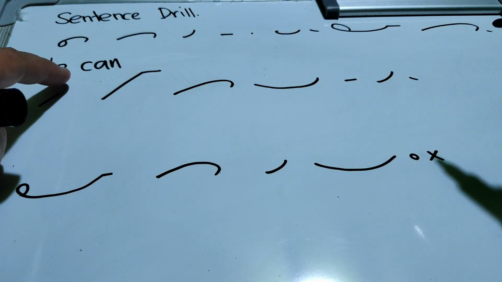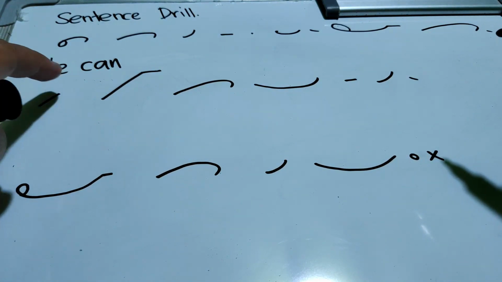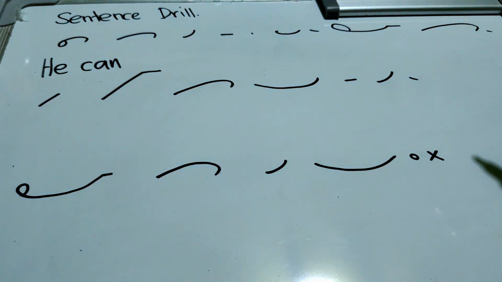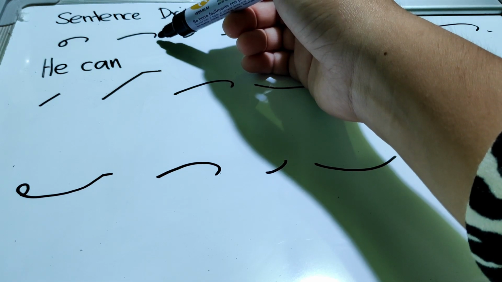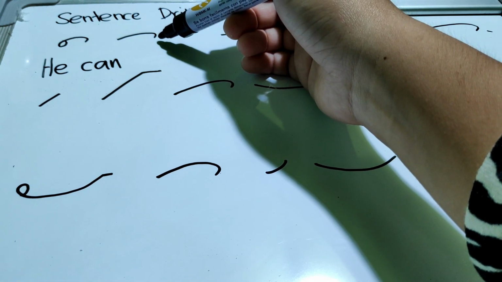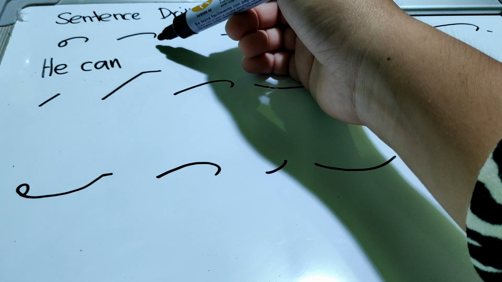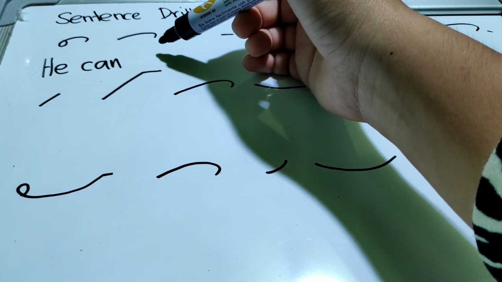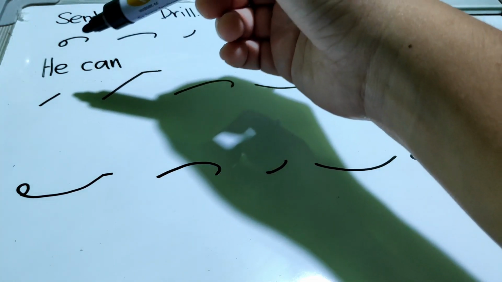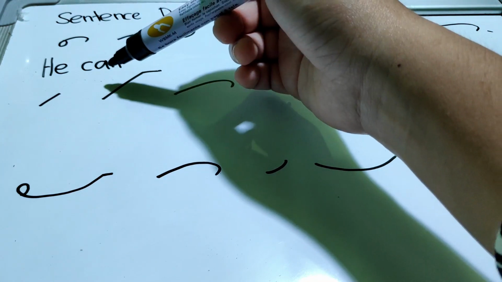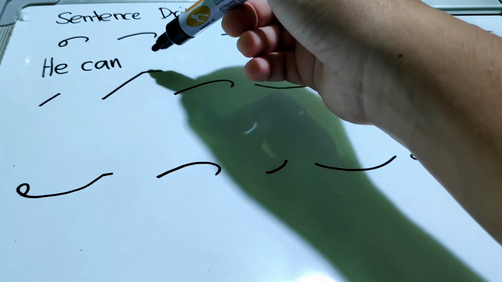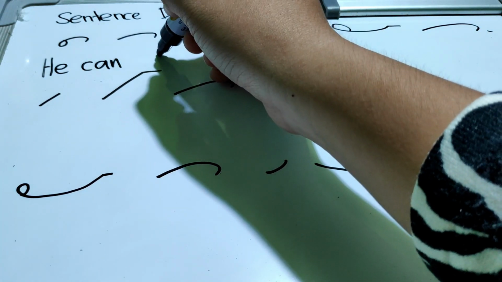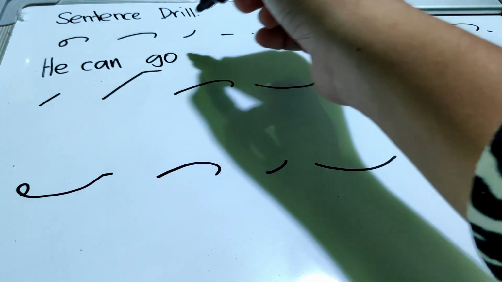This type of writing is called longhand in stenography. Next, this stroke or letter is the letter G in stenography. And the letter G in stenography is transcribed as go or good. So angay sa iyaha nga transcription, he can good or he can go. Diba ang go? So butang nimo diri he can go.